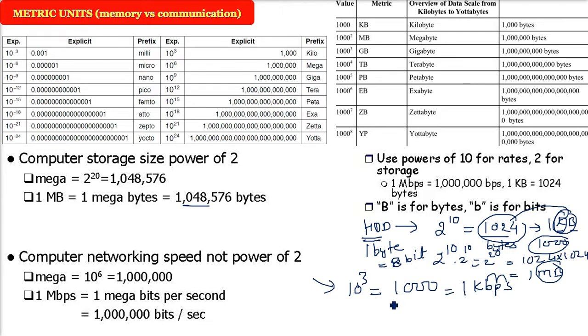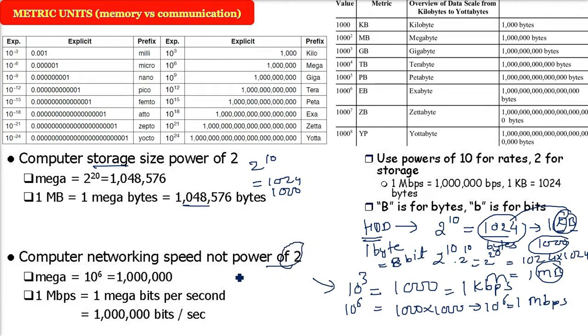Then 10 to the power 6 is 1 megabit per second. Here we are talking about bits per second. In storage, we take 2 to the power 10, that is 1024, as equivalent to 1000, and in networking it is a power of 10, not a power of 2.